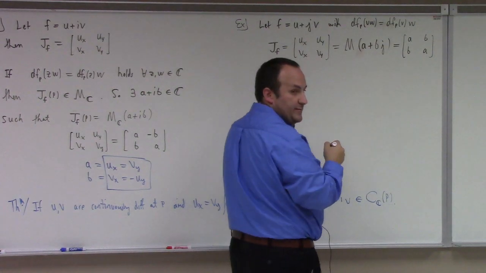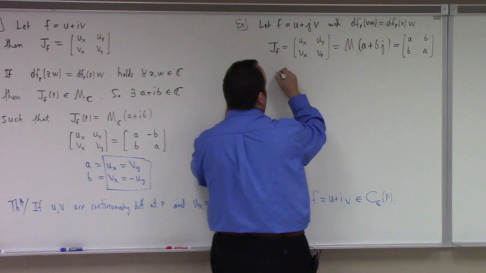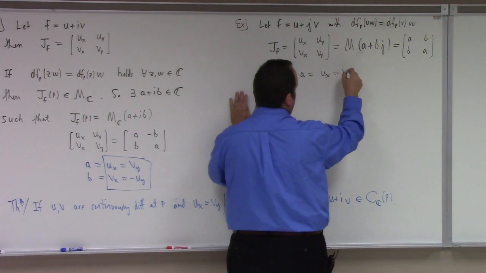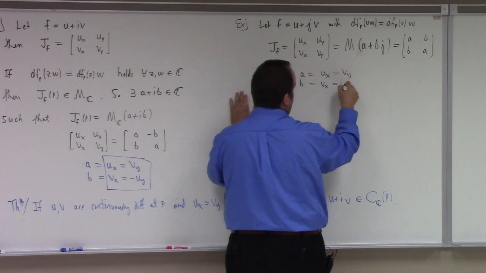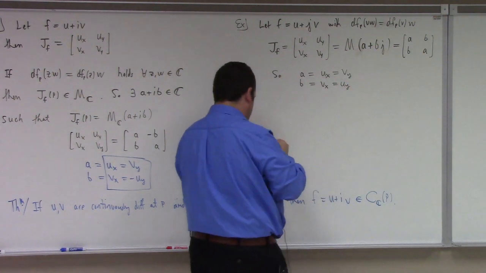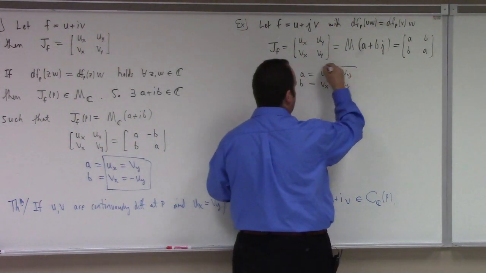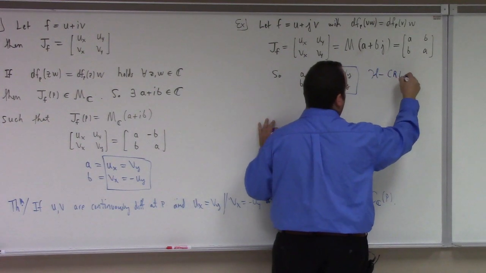That's the fundamental representation of the hyperbolic number a plus bj, as we've discussed. And so we get a is ux, which is equal to vy, and b is equal to vx, which is equal to uy. And so there you go. These, which I'll box in blue here momentarily, are the hyperbolic Cauchy-Riemann equations.